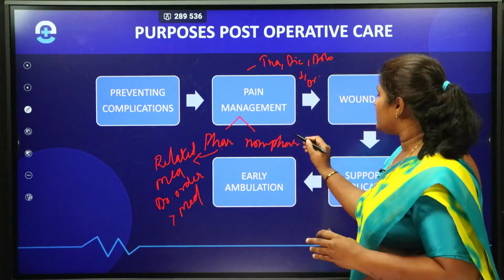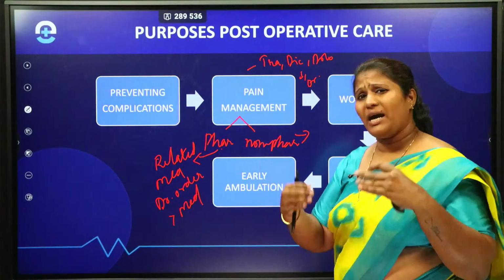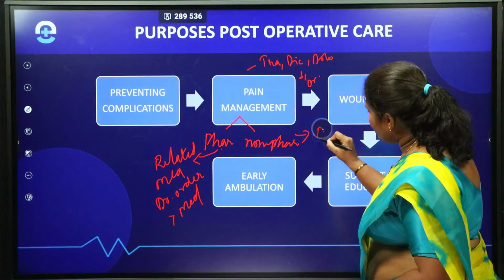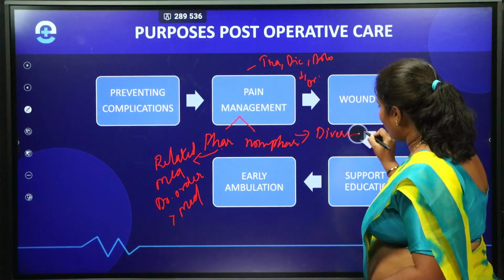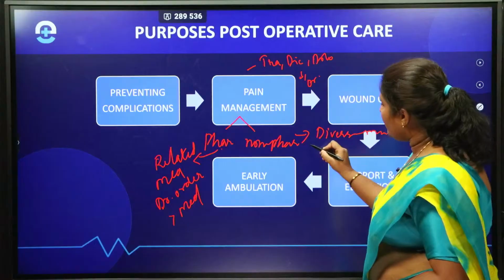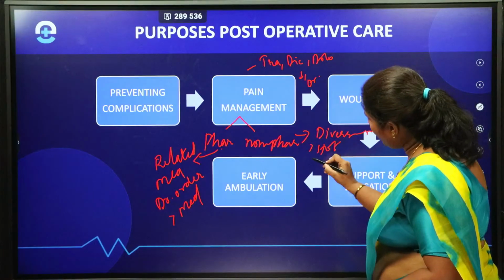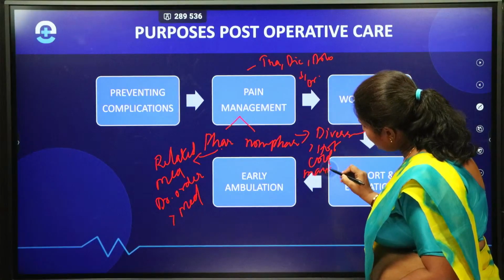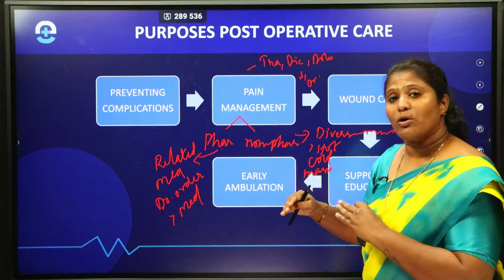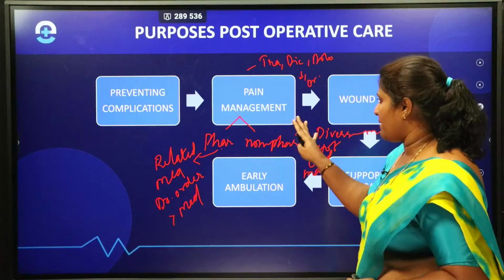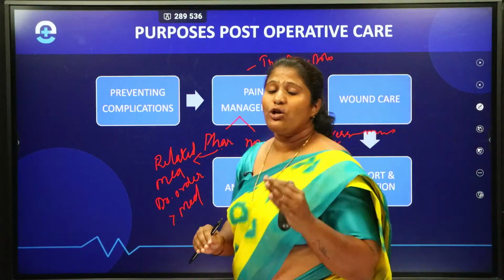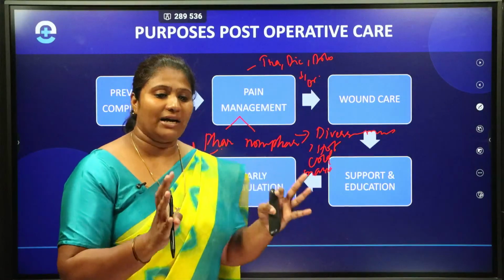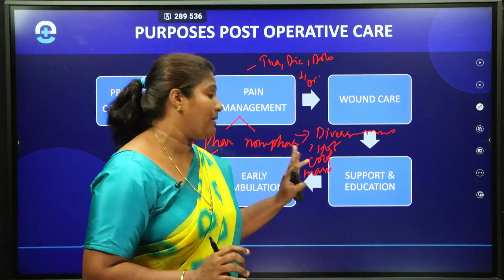Non-pharmacological means different types of pain management, like diversion therapy, music therapy, hot application, cold application, and massage. We also need to think about the patient's condition, and give pain management accordingly.